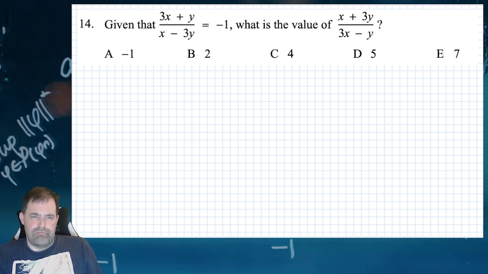So the reciprocal of this is also going to be -1. It's going to be 1 over -1. The reciprocal of this is (x - 3y)/(3x + y), and that's going to be the same as the reciprocal of -1, which is 1 over -1, which is also -1.